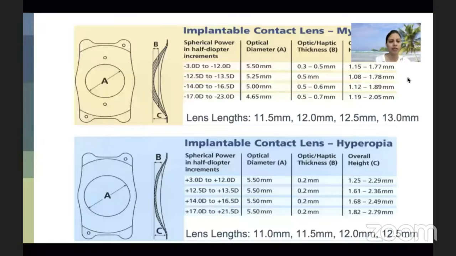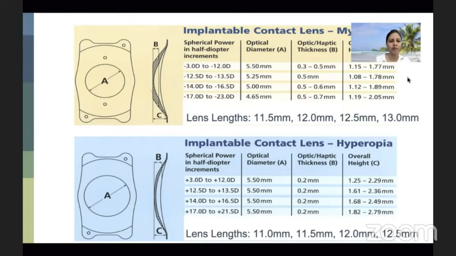The current model, the Visian ICL V4, is a rectangular single-piece IOL, 7.5 to 8 mm wide, available in 4 overall lengths: 11.5 to 13 mm in 0.5 mm steps for myopia correction and 11 to 12.5 mm in 0.5 mm steps for hyperopic correction. The optic diameter ranges from 4.65 to 5.5 mm in myopic ICLs, depending on the dioptric power.